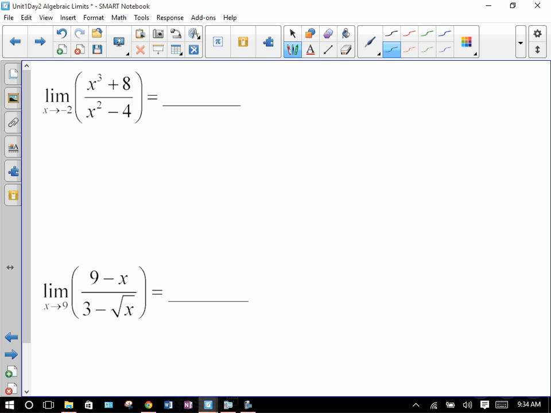We're going to have -2 cubed plus 8, divided by x squared minus 4, which would be -2 squared. That's going to give us -8 plus 8, which is 0, over 4 minus 4, which is 0. So again, this happens. We got 0 divided by 0.